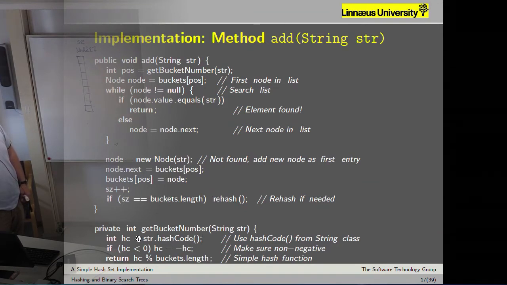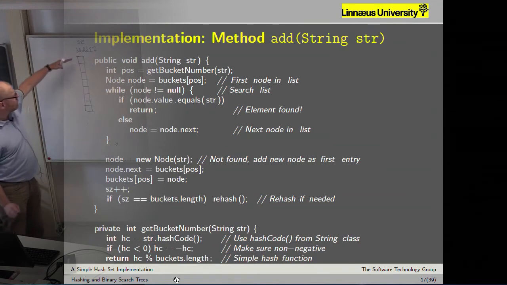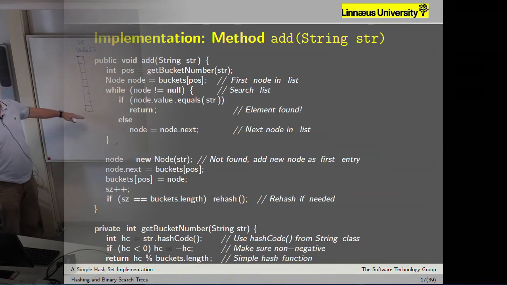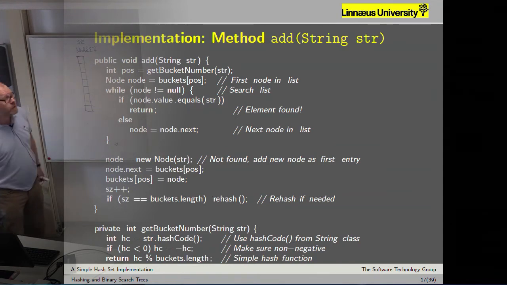This method might give you negative numbers. So if it's less than 0, then I switch the sign of it here, and then I'm using the very simple hash function where I just take modulus bucket length. Whatever string I'm adding here, it will give me a number between 0 and 8 in this case. Do you agree?